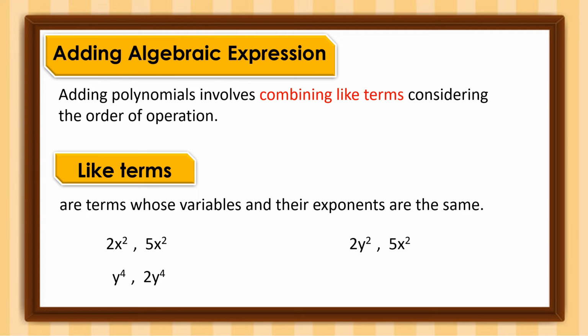Therefore 2y squared and 5x squared are unlike terms. Another one is this, 2x cubed and 5x squared. Even though their variables are the same, which is x, their exponents are not, so still they are unlike terms.